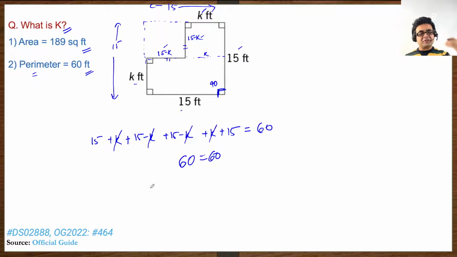And the trap was thinking that if I see one equation and one variable, I will be able to solve for that variable. So if you stop there and mark the answer as sufficient, you would have gotten it wrong. And that is one of the reasons why this problem is very difficult. Not because the problem itself is difficult, but because it has these kinds of traps and it plays on your usual way of thinking, which is one variable, one equation.